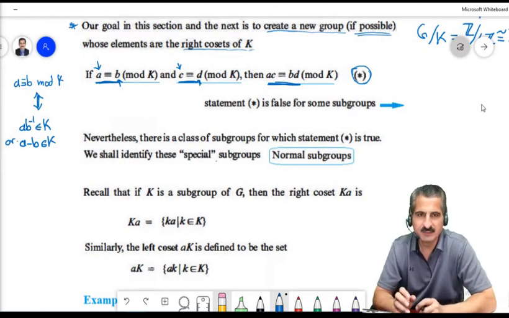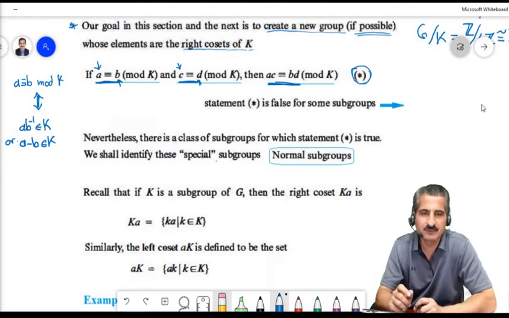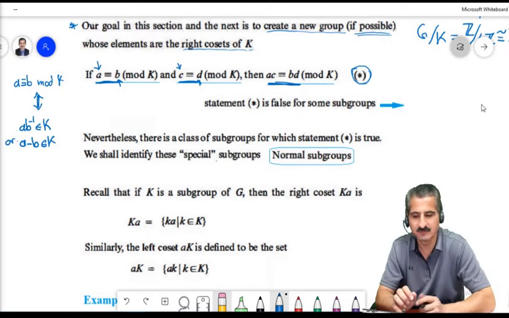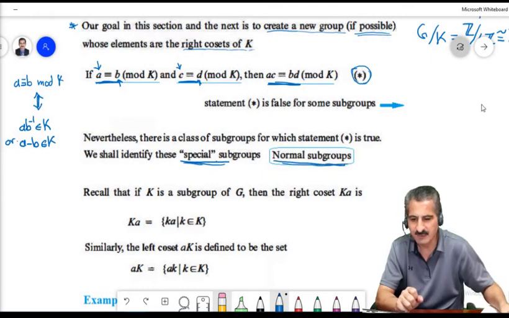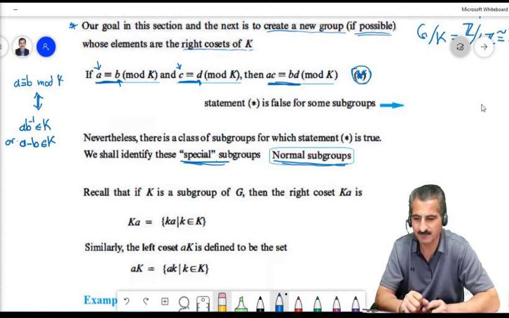It is true when we worked with the congruence classes inside Z, the ones we have seen above there, modulo 6. But is that true for any subgroup K? The answer is no. This is true for a special kind of subgroups, which we will call normal subgroups. And this property here is what we need to go and define a factor group. Okay?